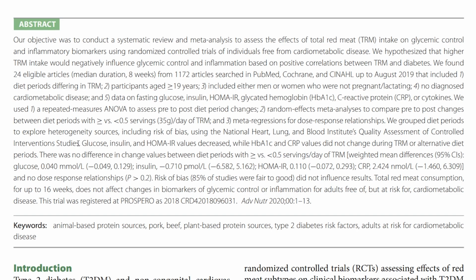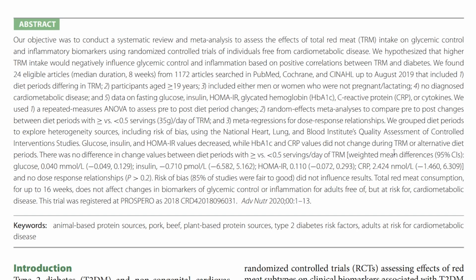Okay. Glucose, insulin, and insulin resistance values decreased, while glycated hemoglobin and C-reactive protein values did not change during total red meat or alternative diet periods. There was no difference in change values between diet periods with equal to or less than versus more than 0.5 servings per day of total red meat.